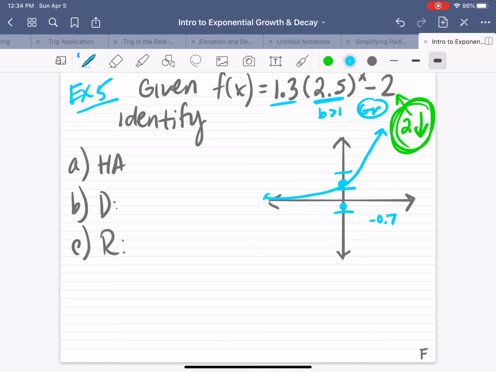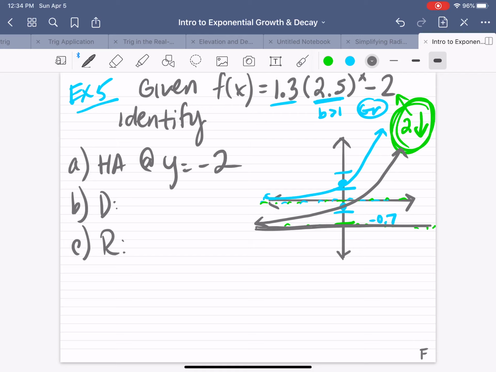And your HA is going to go from 0. Let me do that in green. It's going to go from 0 down here to -2. So your new graph is this right here in gray. So the HA, the part that the graph went flat, is right here at -2.